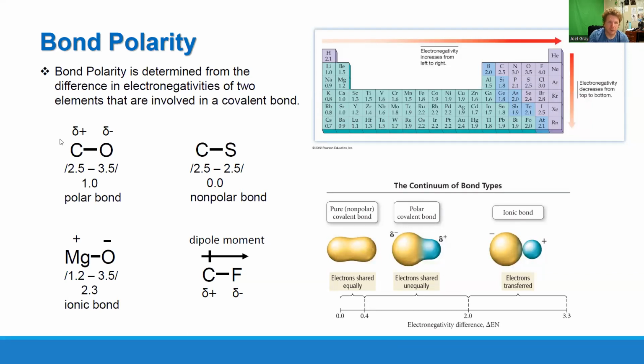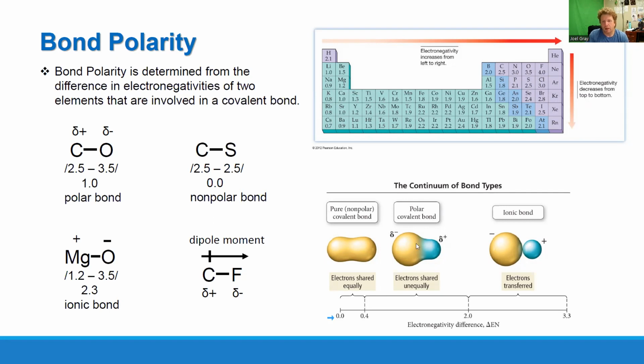A bond is considered nonpolar covalent if the electronegativity difference is no greater than 0.4. So if the difference is 0.1, 0.2, 0.3, 0.4, those electrons are being shared very evenly.